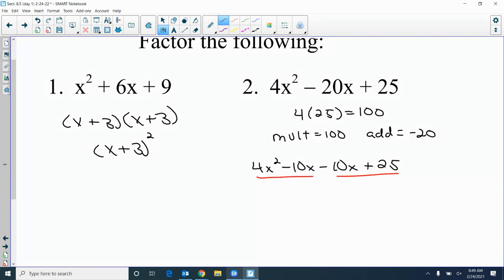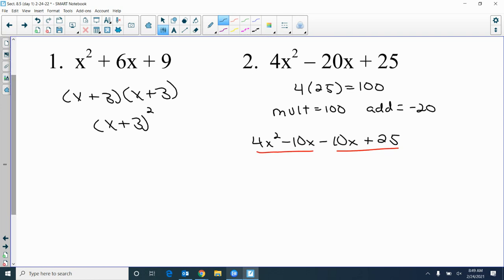Take your GCF. GCF for the first two, Connor. What do you think? 2. You're missing something. 2x. Oh, I didn't hear the x. Yeah. I'm sorry. 2x. So you get 2x minus 5 in parentheses. Hanan, what would you say the GCF is for the second two? -5.